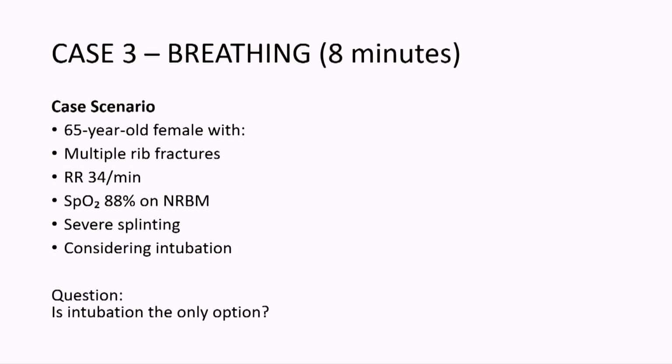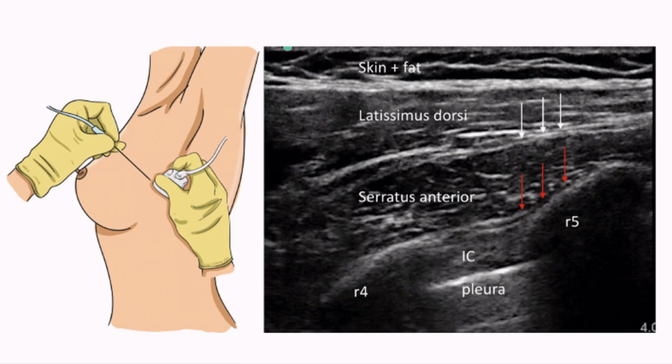Okay, so where will you place the probe for serratus anterior plane block? Yes, so most likely in the 5th intercostal space. So 5th intercostal space, and at the anterior axillary fold you are going to keep the probe obliquely.